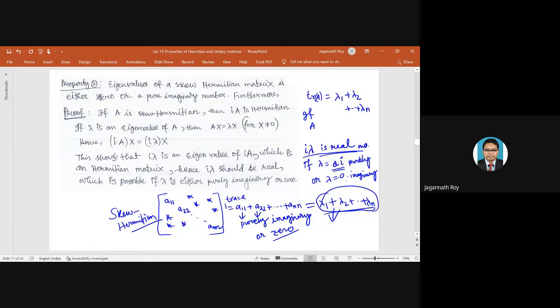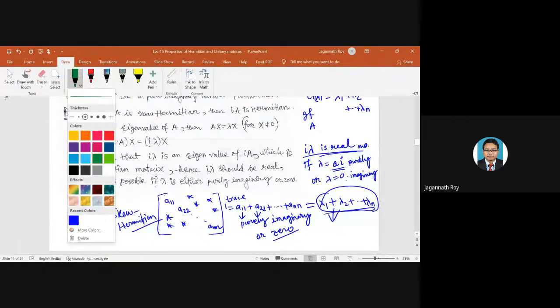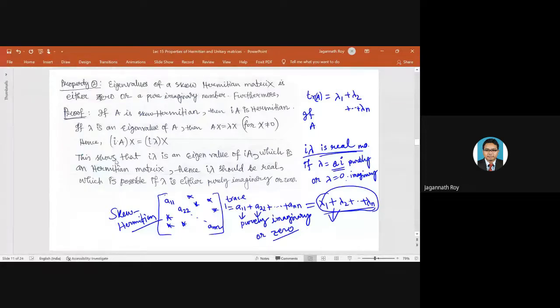So the next theorem says the eigenvalue of a skew Hermitian matrix is either 0 or purely imaginary.